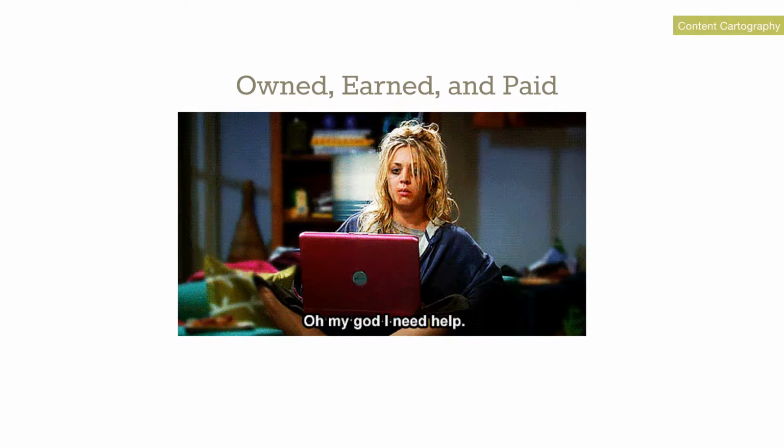But owned, earned, and paid, what it really means to us is you hear these terms a lot in content marketing. And we think they might be a good way of clarifying what your strategic content direction should be, but it will also help you execute your tactics.